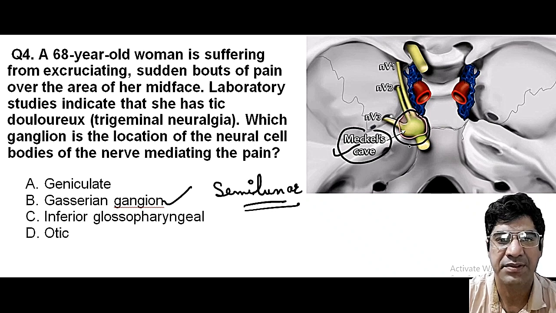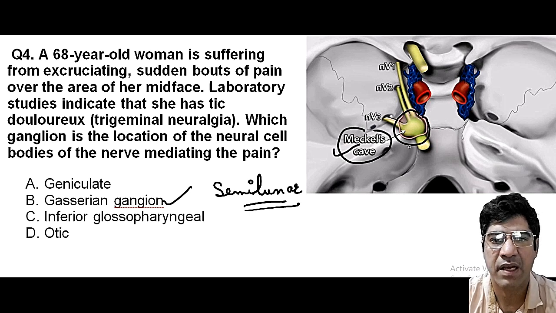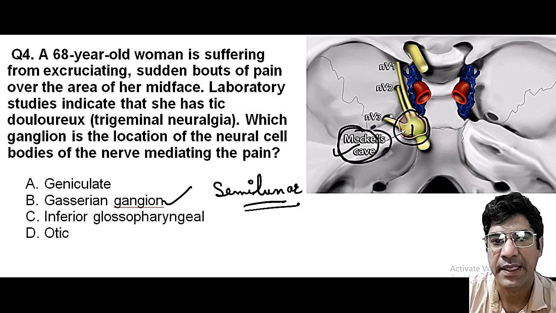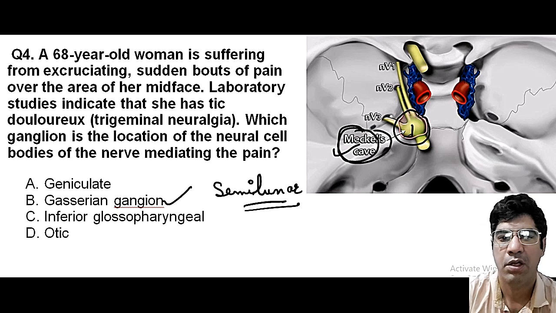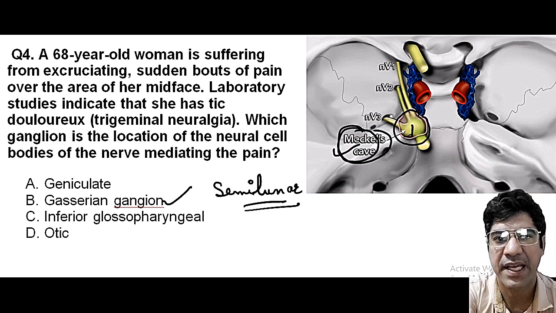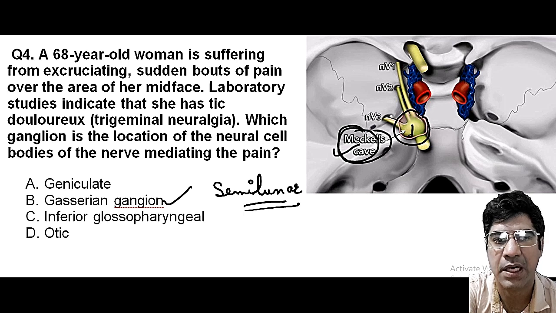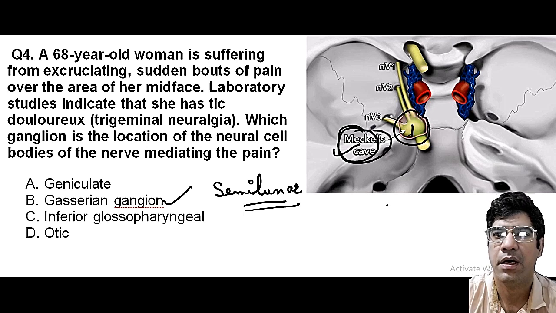It is a cluster of nerve cell bodies located within Meckel's cave. It is an important part of the trigeminal nerve, that is the fifth cranial nerve. Meckel's cave is just like a small room inside your skull. Inside this room, you have the Gasserian ganglion, the collection of nerve cells.